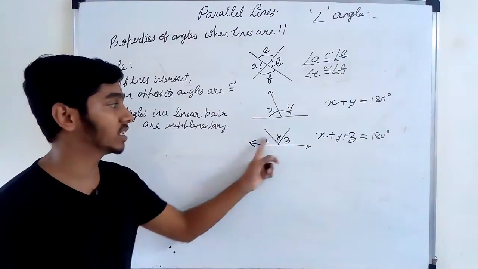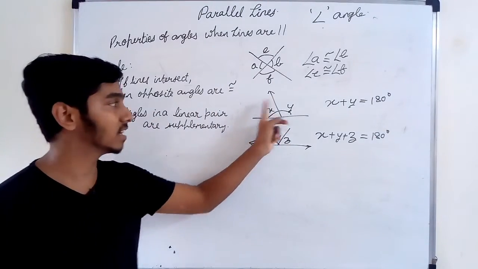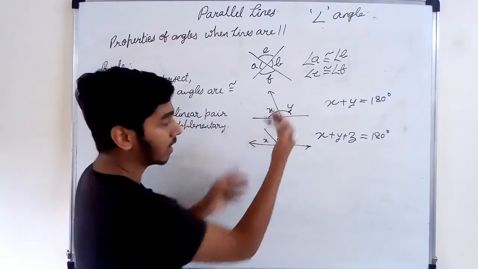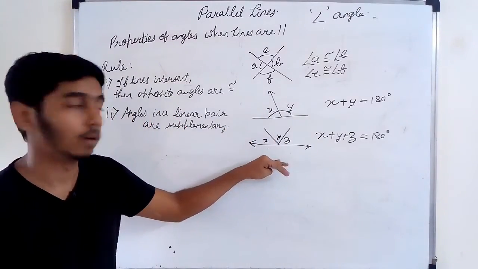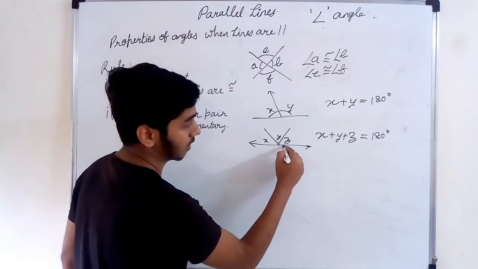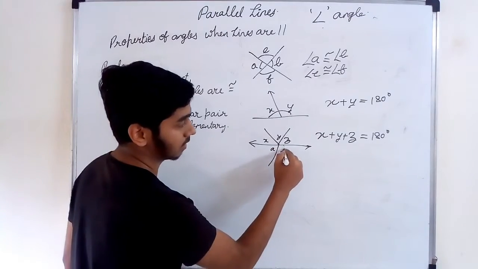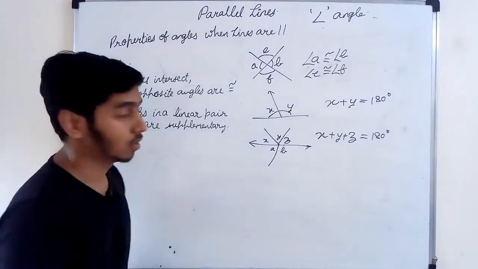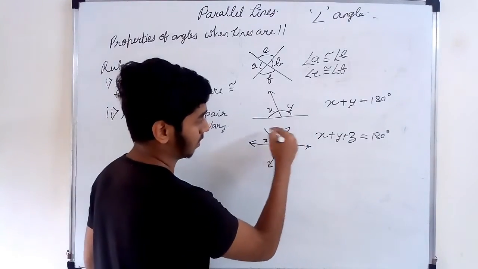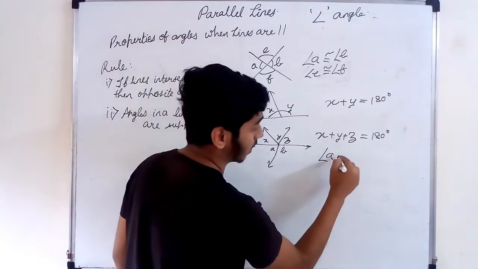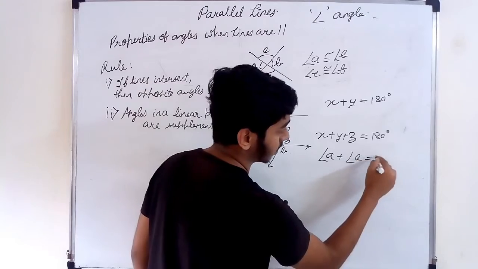So there is no specific number of angles, it is just that the angles above the line or below the line, like say, let's say this is A and this is B for this line below, so for this below one, we can say that angle A plus angle B is 180.